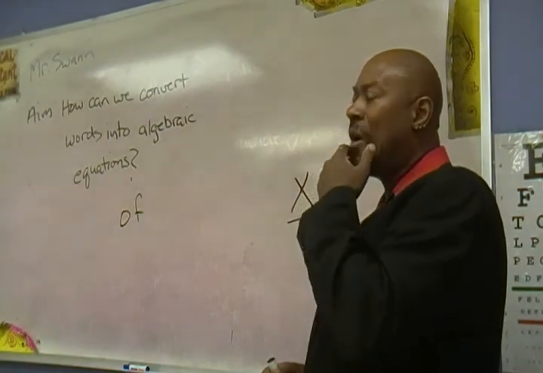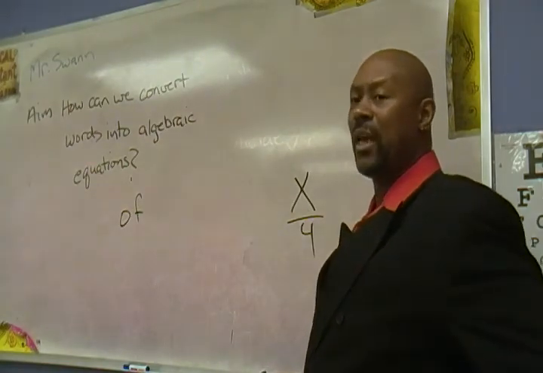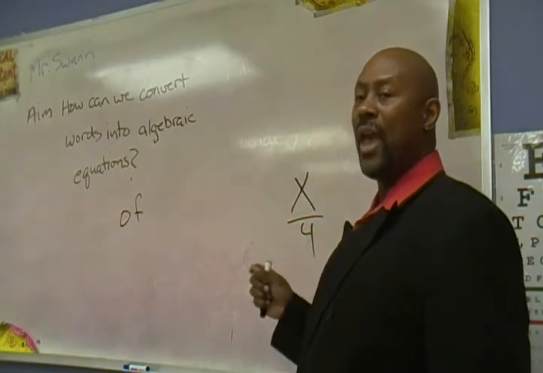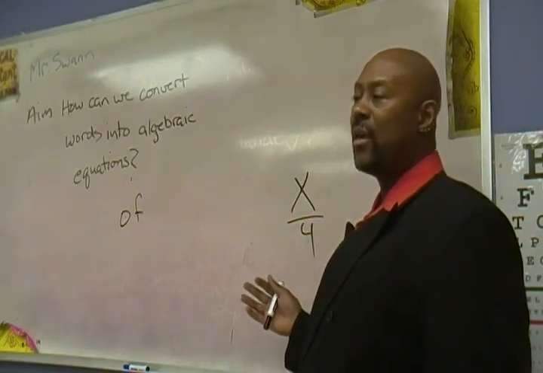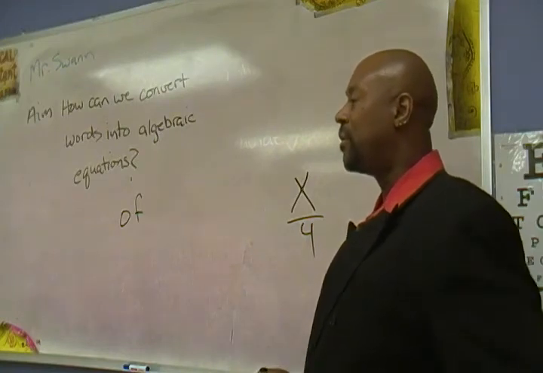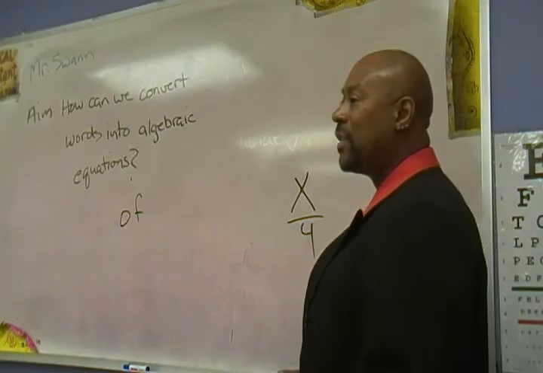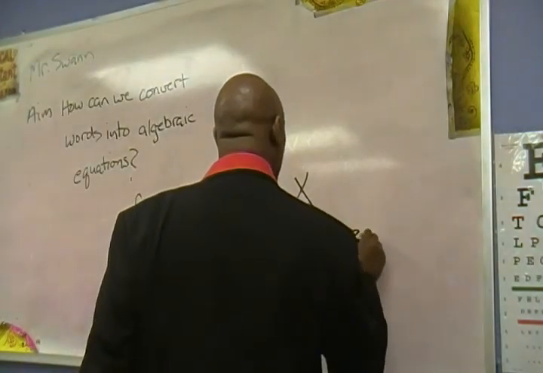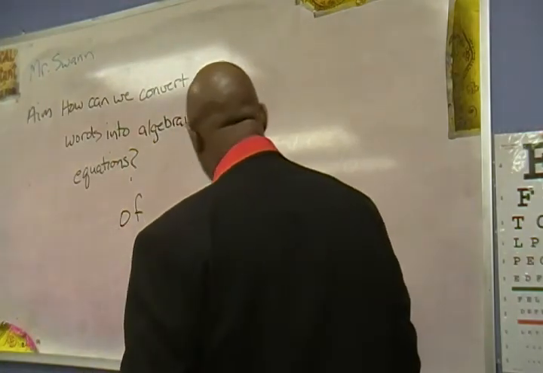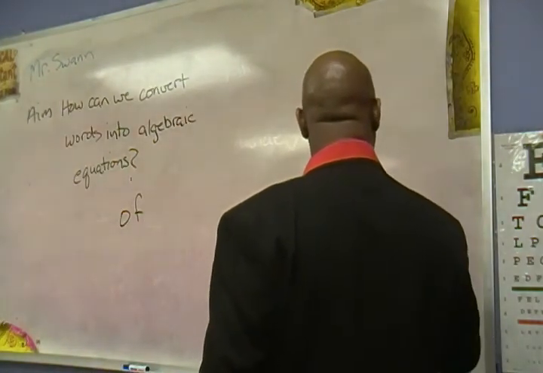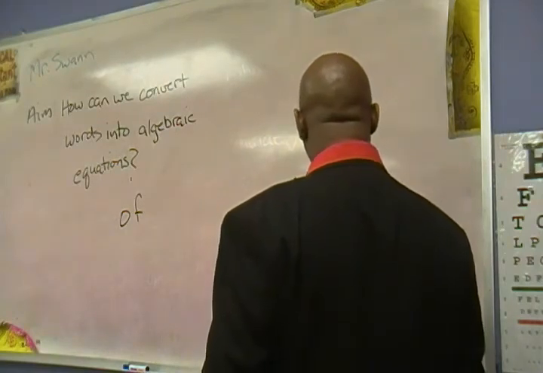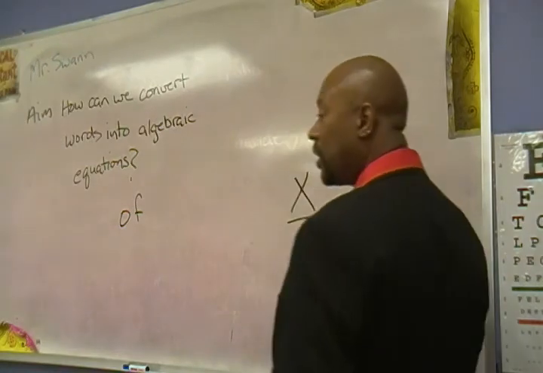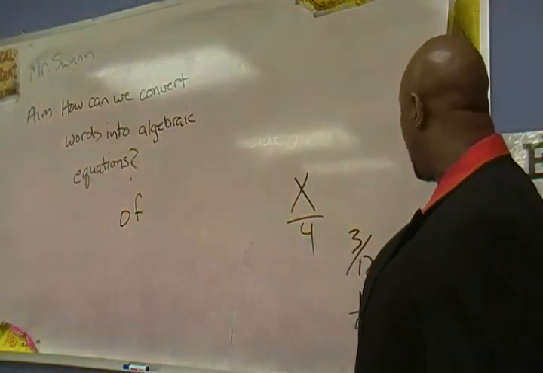What was the problem? The problem said if a dozen eggs cost X dollars, how much would it cost for 3 eggs? What I did was put 3 over 12 times X, but then I simplified it to 1 over 4, because 3 goes into 3 one time, goes into 12 four times.